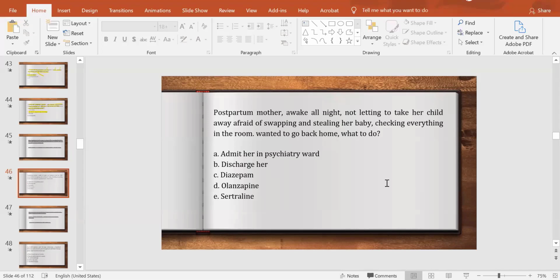Swapping and stealing, this is a kind of delusion. This delusion comes up like an abnormal belief that someone is going to swap, someone is going to steal. It's not always that thoughts of harming the baby is the only thing that says it's psychosis. Okay, obviously it's overprotective, and that's why the best thing is to admit her in a psychiatry ward in a mother baby unit, because then the mother will be able to be with the child, and then she will feel fine.